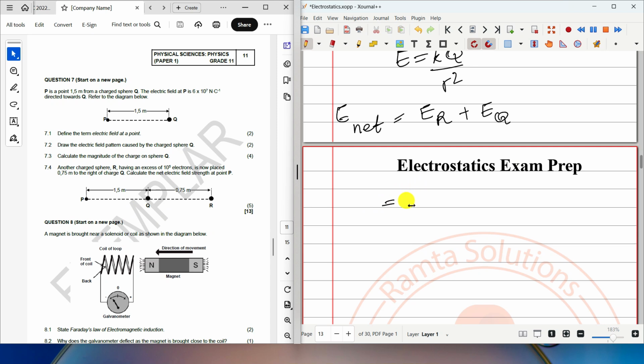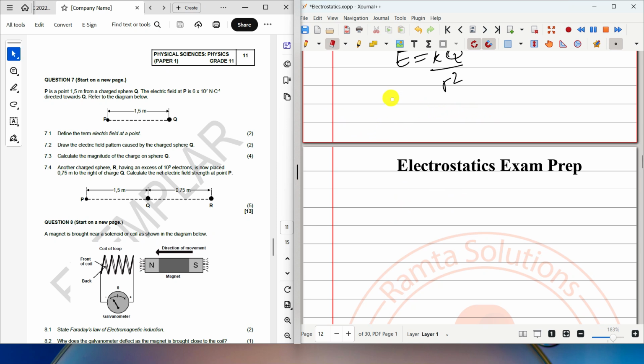For R, let's see, for R, what do we say? For R, we say this is 9 times 10 to the 9. What is the charge? The charge R is, oops. We can't proceed as yet. We do not know what the charge is, right? We do not know.